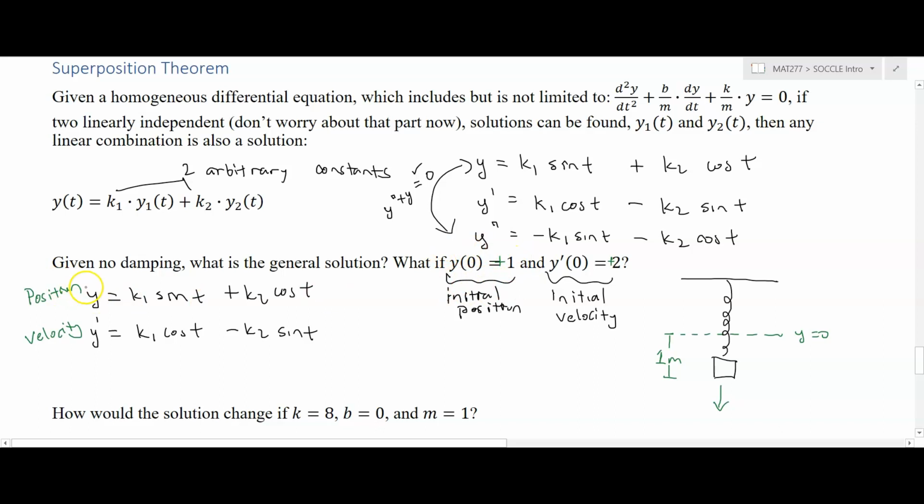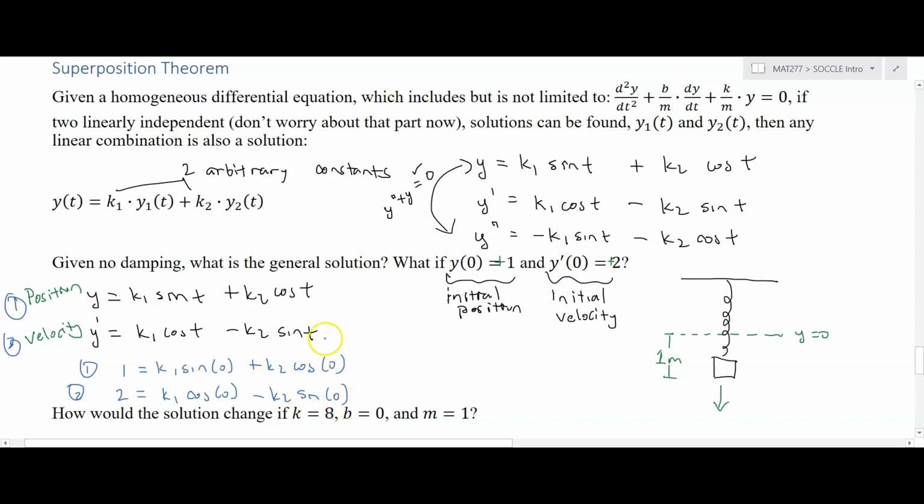Here we said the initial position function will have a value of y when t is 0. And equation 2, the velocity, will be positive 2, k1 cosine of 0 minus k2 sine of 0.